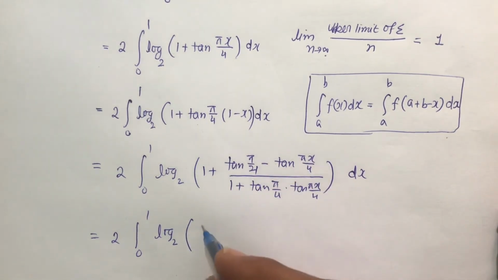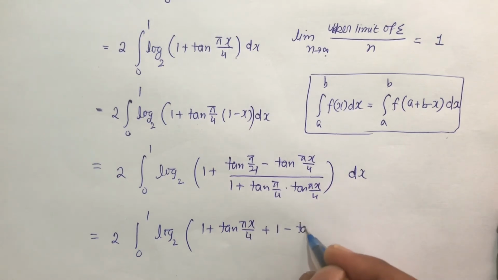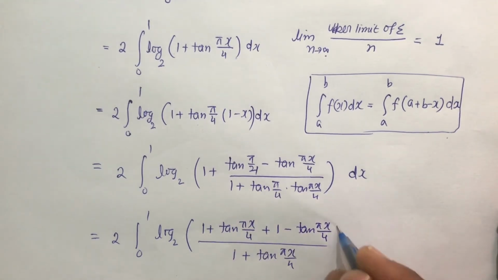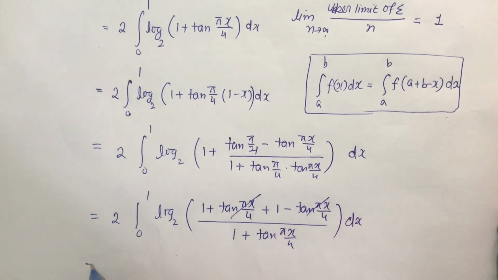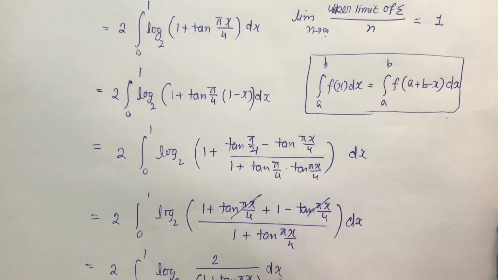You simplify this and you will get (1 plus tan(pi x by 4) plus 1 minus tan(pi x by 4)) upon (1 plus tan(pi x by 4)), dx. The tan(pi x by 4) terms cancel, leaving 2 upon this. So basically it is twice the integral from 0 to 1 of log 2 upon (1 plus tan(pi x by 4)) dx.